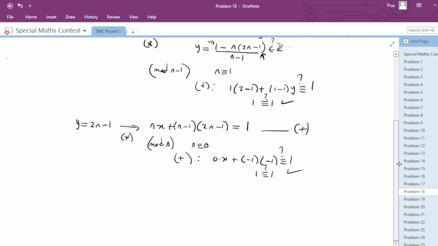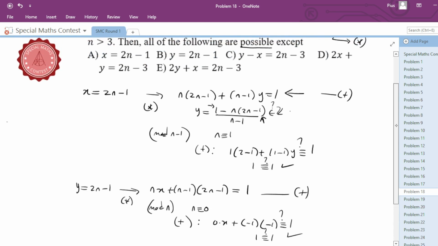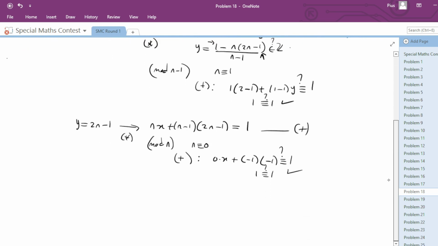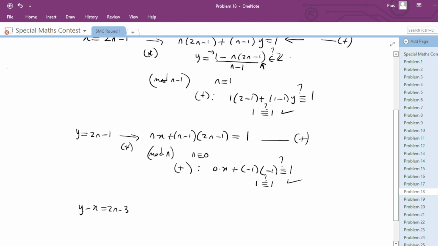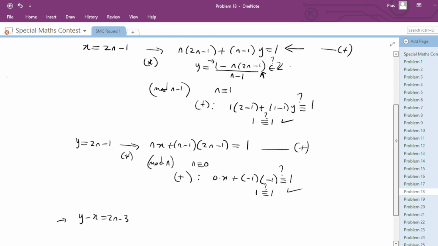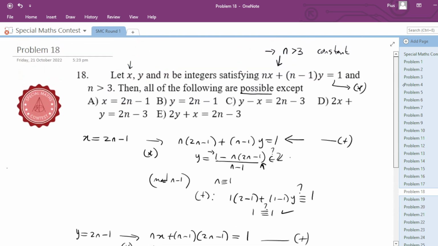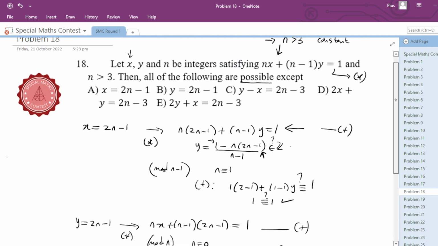Now the next one we have y minus x is 2n minus 3. So this time around, we don't have either of x and y, so we have to solve simultaneously. But from this, we see that we can make y or x the subject here without having to create fractions, and then we can plug that into the equation star, and then we can solve for the remaining variable.